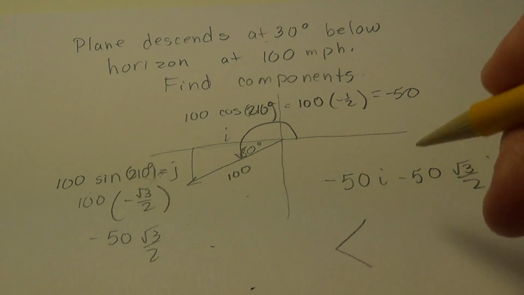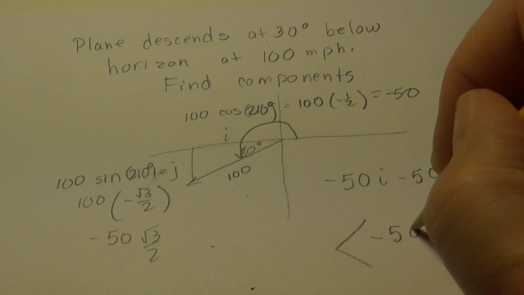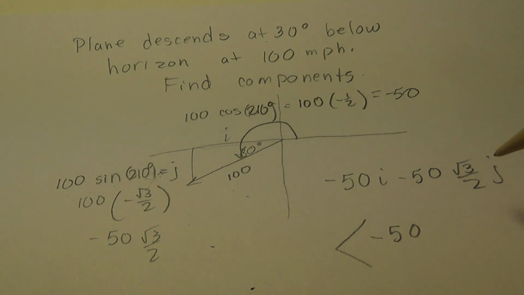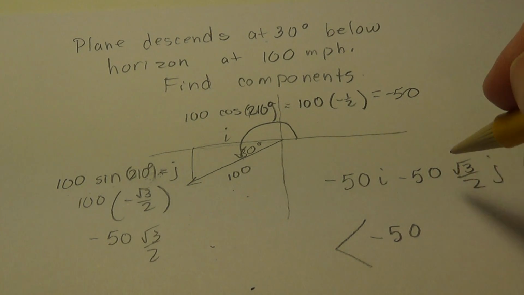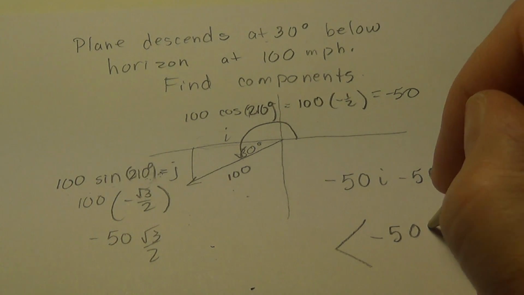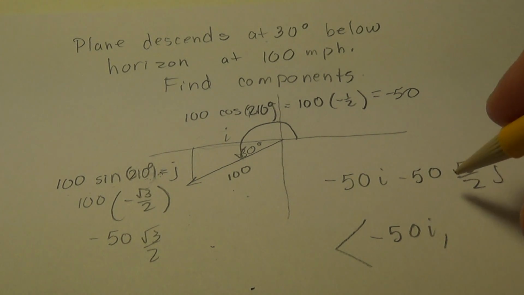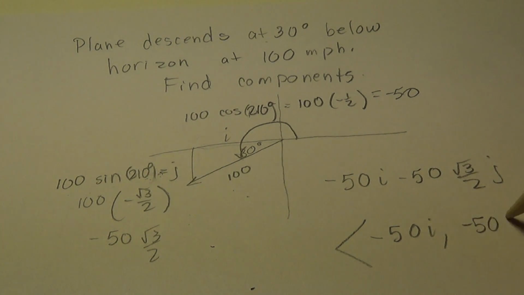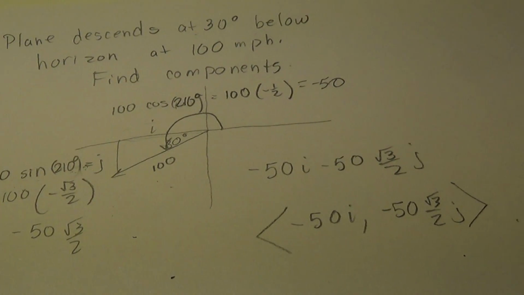And if you're using pointy parentheses, you are going to put the I part as minus 50 and comma, and then the J part minus 50 square root of 3 over 2. Alright, I think that will get us where we need to go for our classwork tomorrow.